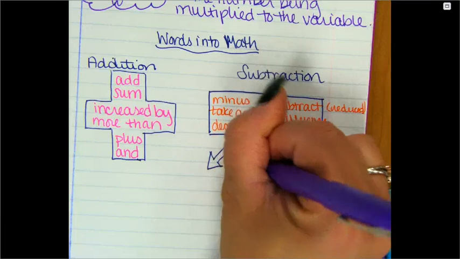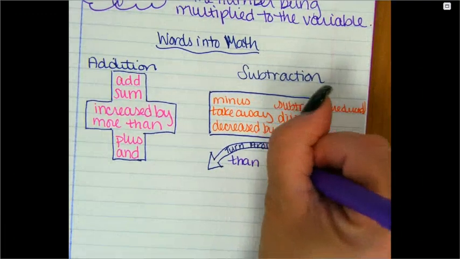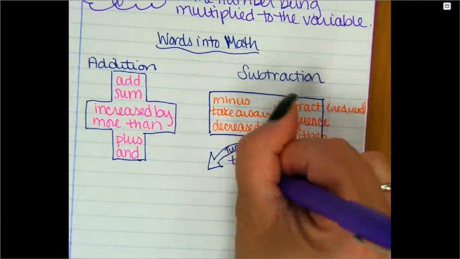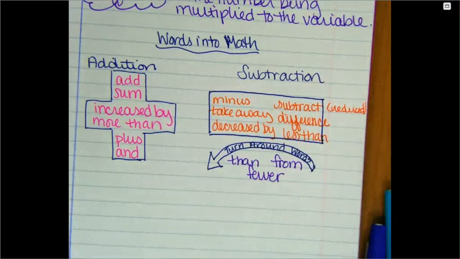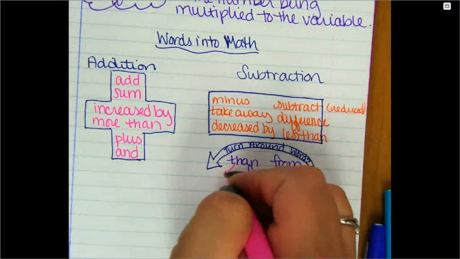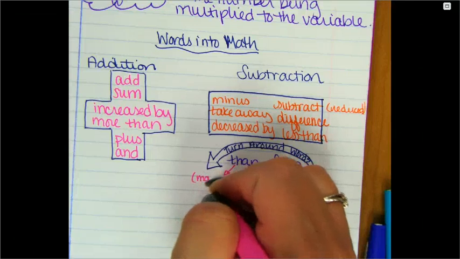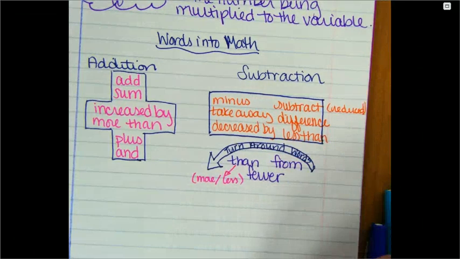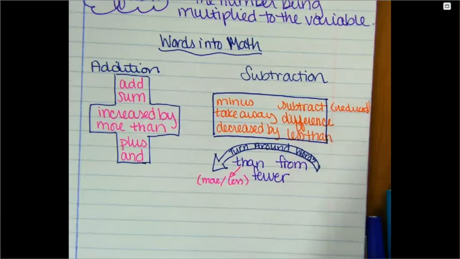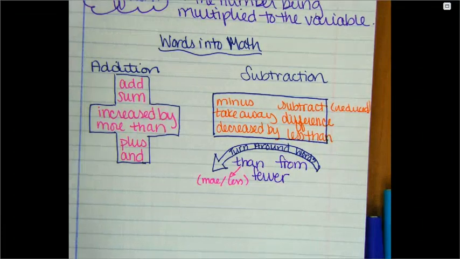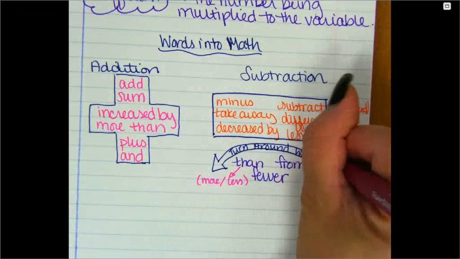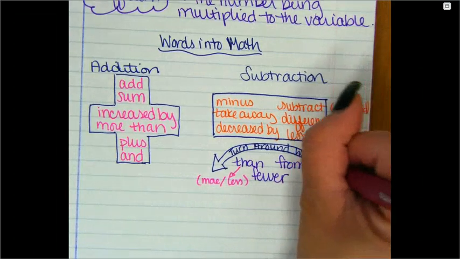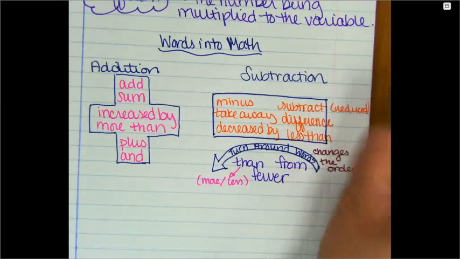So than, from, fewer. With than we mean more than and less than. It changes the placement, or the order.